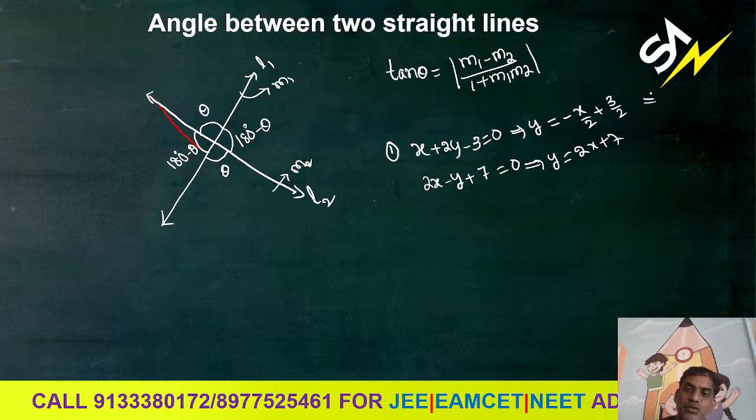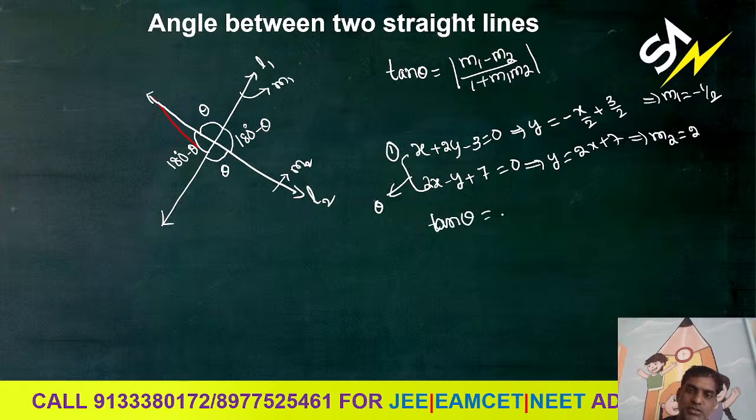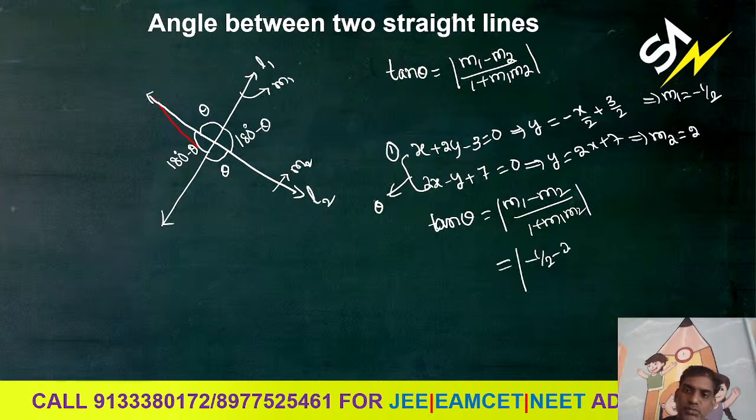So for first line, what is the slope? Slope m1 equal to minus 1 by 2. And for the second line, what is the slope? m2 is equals to 2. Then let us take the angle between these two straight lines is theta. Then we can take tan theta is equals to modulus of (m1 minus m2) divided by (1 plus m1 into m2). So m1 is minus 1 by 2, minus 2, divided by 1 plus (minus 1 by 2) times (minus 2).